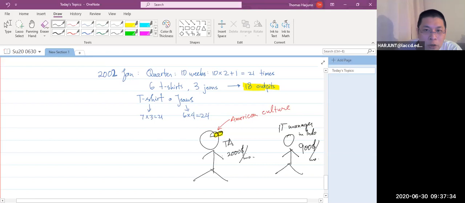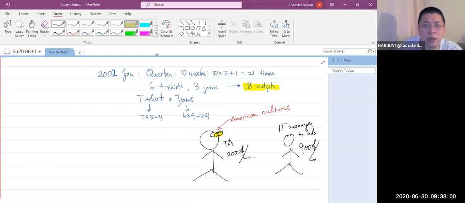Now, of course, if I use American culture to see his pay, I say, well, your position is actually a lot higher than mine. As a TA, I only oversee around 40 students. As an IT manager, you actually oversee around 1,000 employees. But your pay is less than half of mine. Yeah. But the thing is, the cost of living in Indonesia is a lot cheaper compared to here.